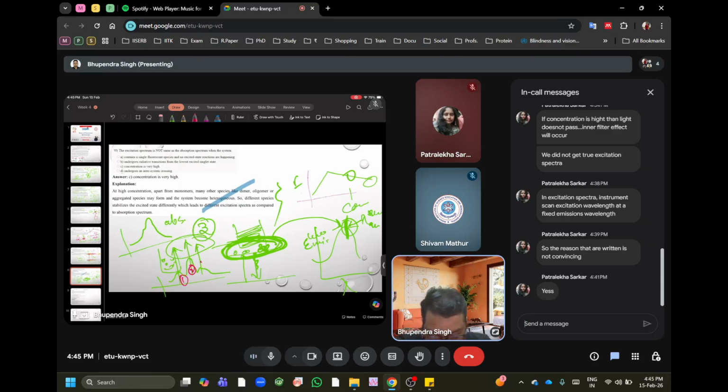If the difference between the two peaks is higher, resolution is better, and you'll get separate peaks. So I hope you are clear.